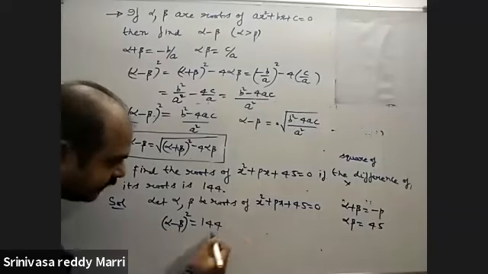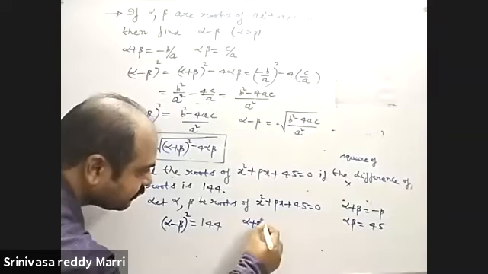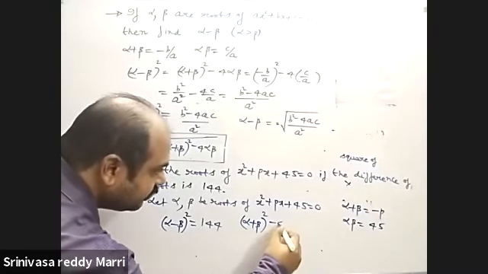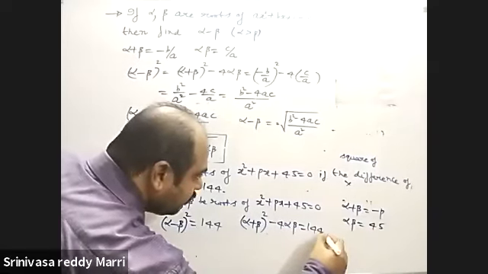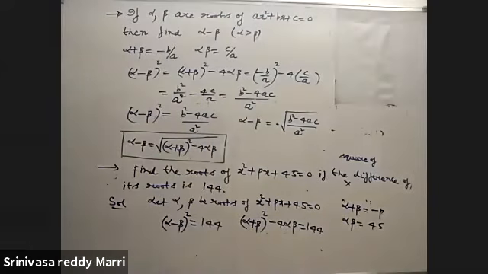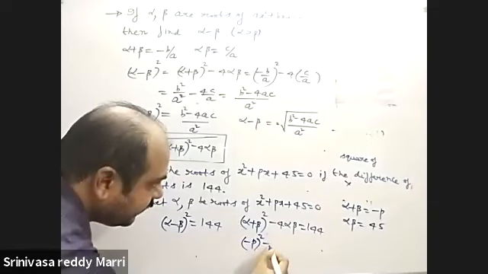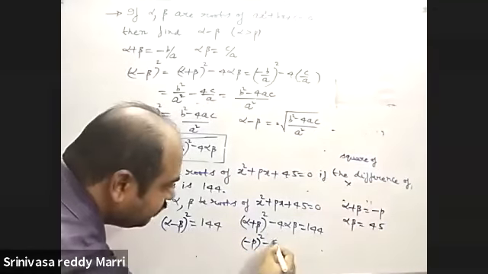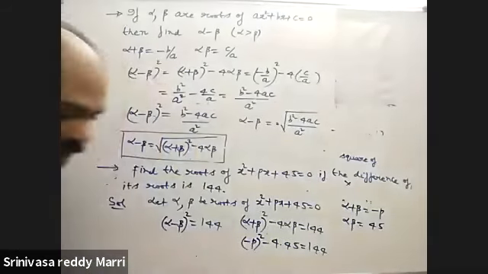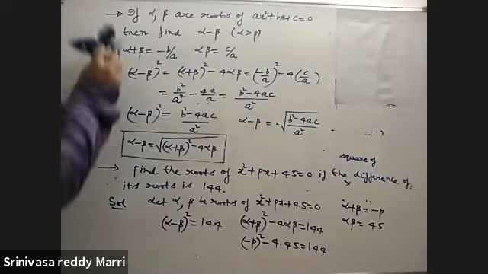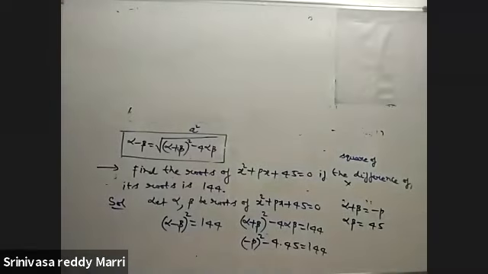Alpha minus beta whole square is nothing but alpha plus beta whole square minus 4 alpha beta, which equals 144. Therefore, p square minus 4 into 45 equals 144.